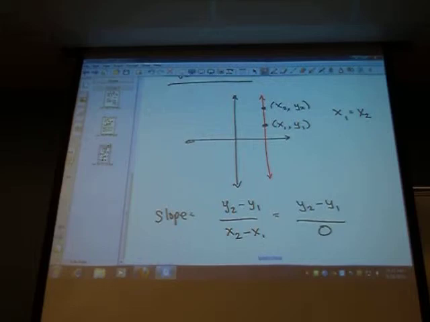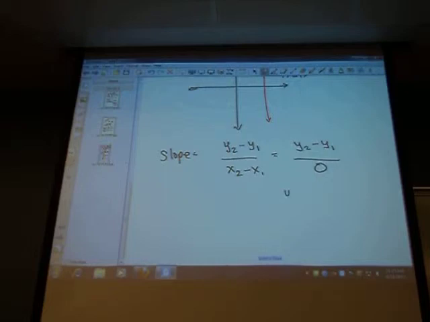That is undefined, okay? You can't divide by 0. So if you try to type in like 2 over 0 on your calculator, it's going to say no. So the slope of a horizontal line is equal to 0 when you get 0 in the numerator. The slope of a vertical line is not equal to anything, it's undefined, okay?